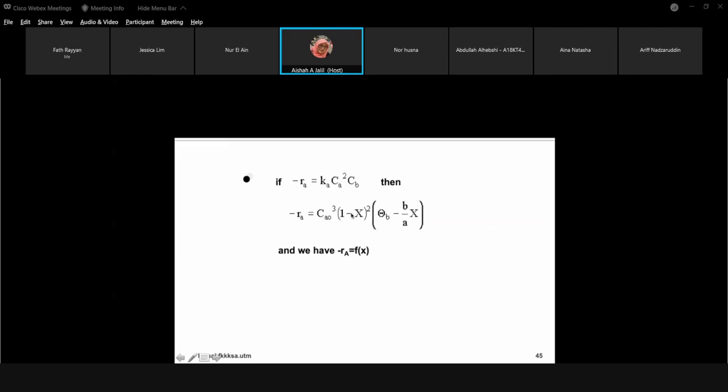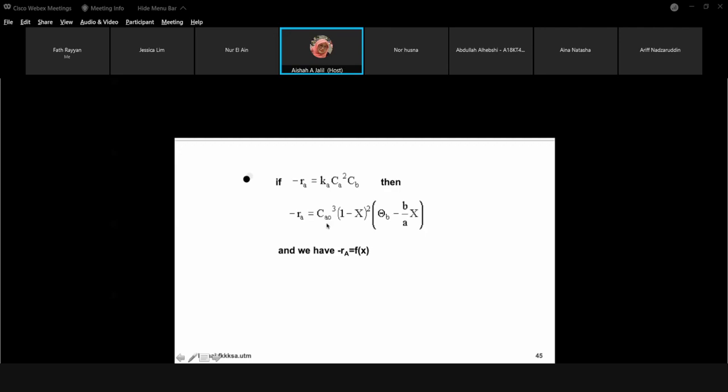And then lastly, you can see this is the negative RA as a function of X, okay? Usually in the question they will give you the value of CA naught, the initial concentration. But if they do not, usually they will ask you to calculate the CA naught.